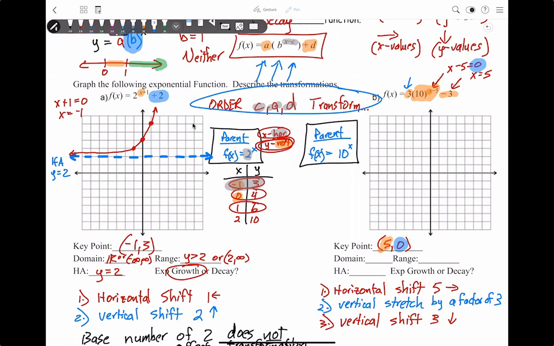Now, that was only in this particular instance. Like over here, that didn't happen. I want to bring attention to that: when I plugged in -1 into the original function way up here, let me highlight it, I got -1 plus 1 is 0, 2 to the power of 0 is 1, and then when I added the 2 to it, it became 3.